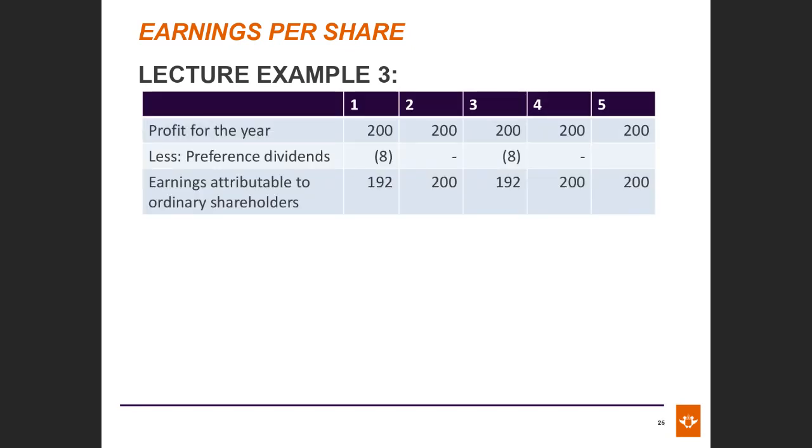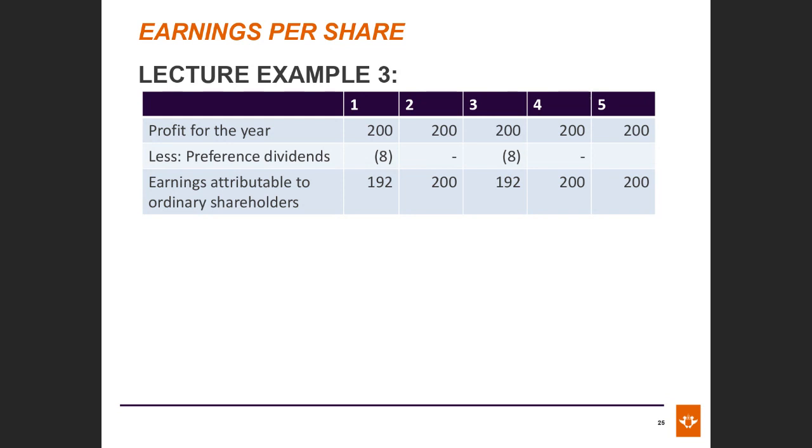So let's have a look at the calculations here. We said in scenario 1 that our preference dividend was deducted. And in scenario 3, where the preference dividend was deducted, you can see how the preference dividend has an impact on your earnings attributable to your ordinary shareholders. Okay, so someone is asking, what if it's non-cumulative and redeemable and the dividend is not declared?